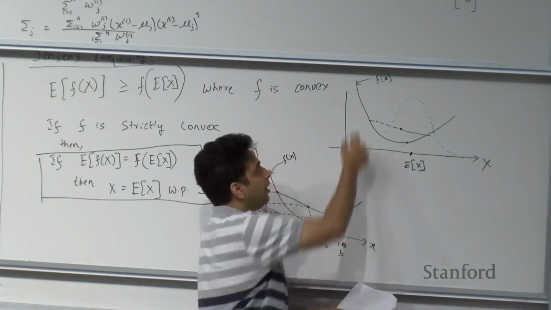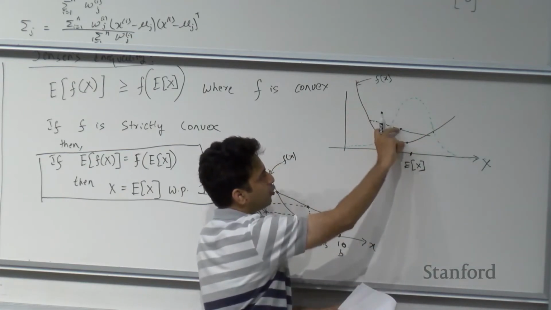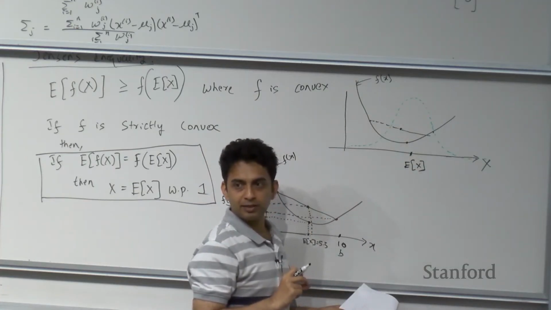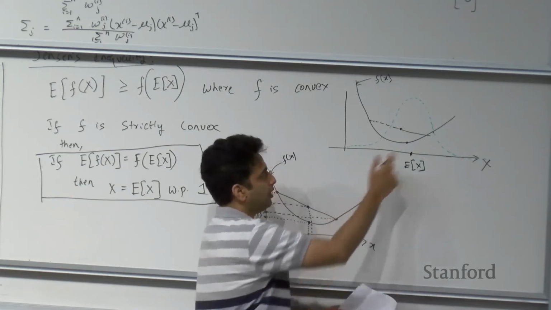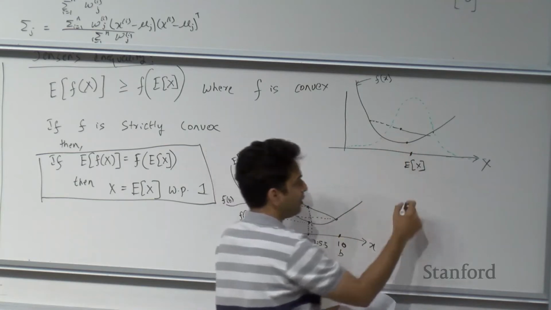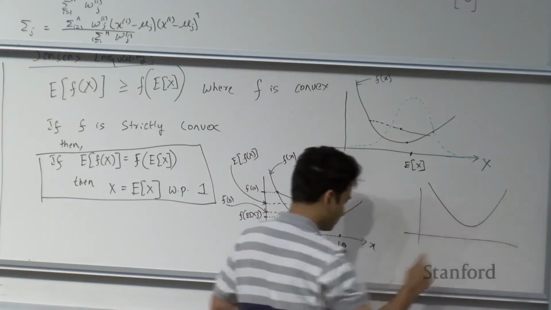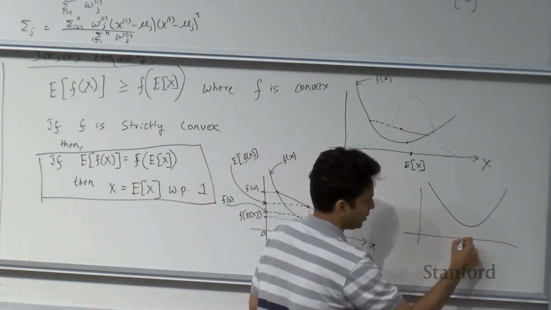Right? If f is strictly convex, and if the two are equal, then the only way that is possible is if x has a probability density.